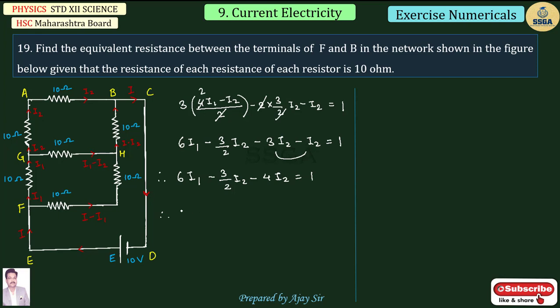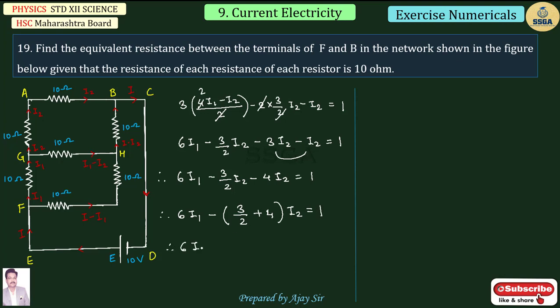So let us write as it is, 6 into I1, then minus. We will take the minus sign as common. This is 3 by 2 plus 4, because we are taking minus outside. This is 4, and I2 we will take common.